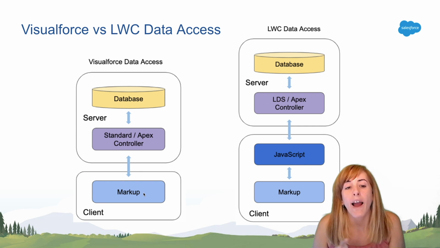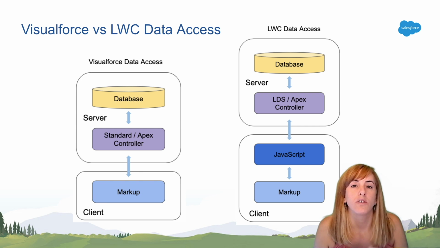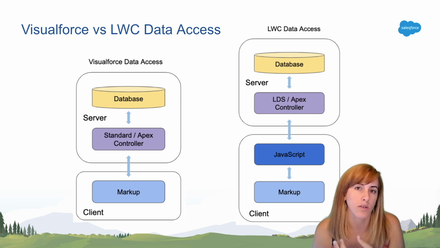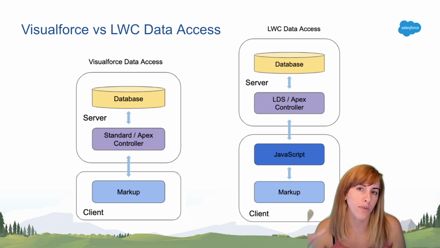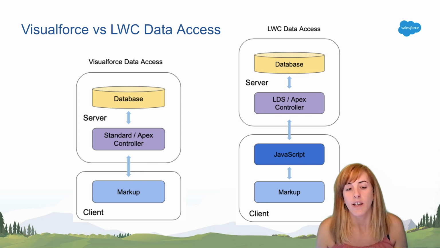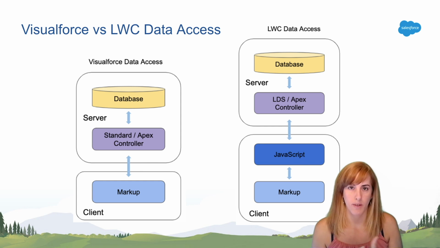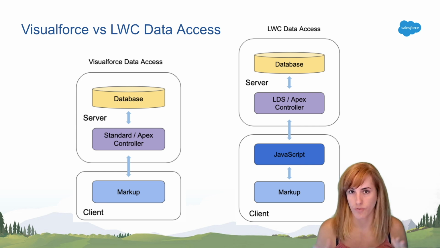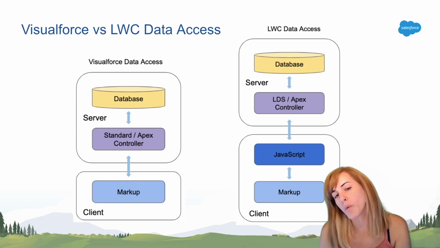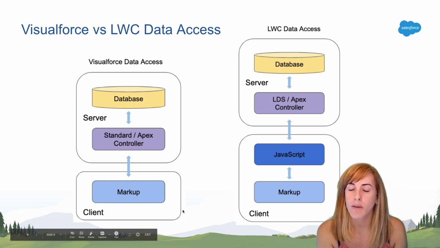We bind that Visualforce page to a standard controller or a custom controller or an extension controller, and normally the methods that you define in Apex is something that you can call from your Visualforce markup, for example using an Apex command button action.